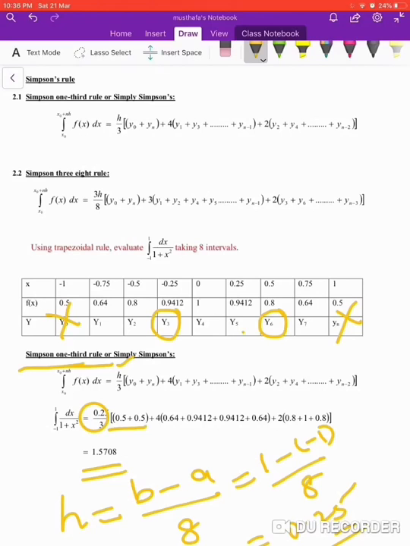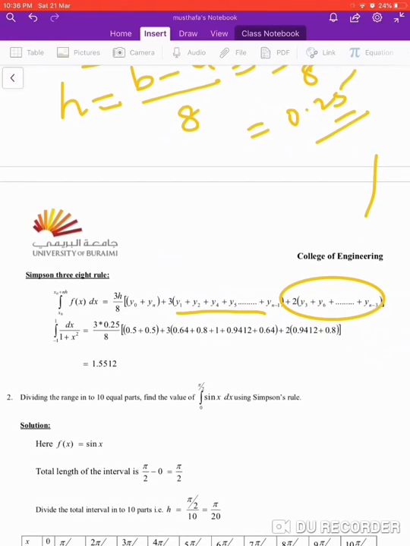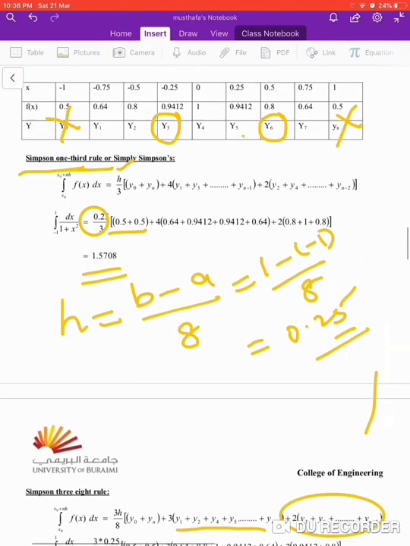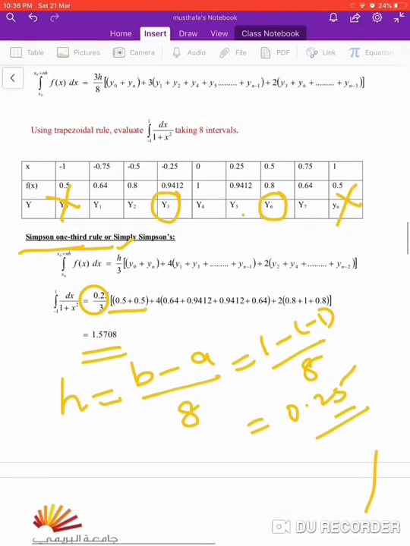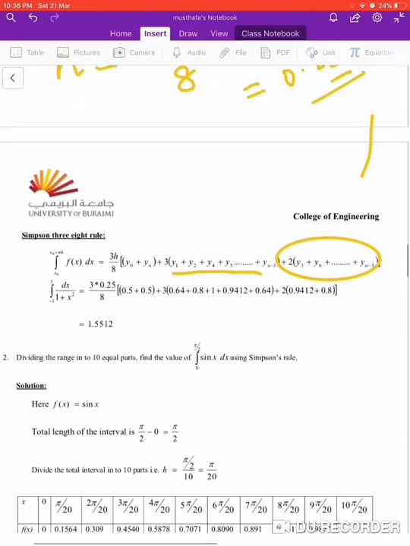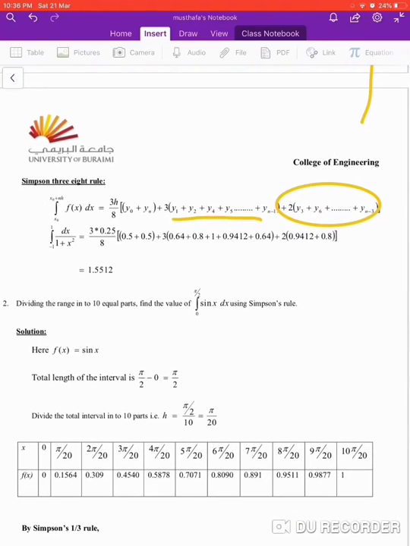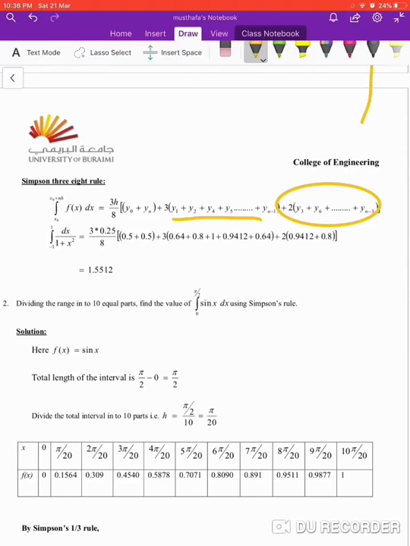Now here we substitute 2 times the multiples of 3 entries, that is y3 and y6. y3 is 0.9413 and y6 is 0.8. It will be here.